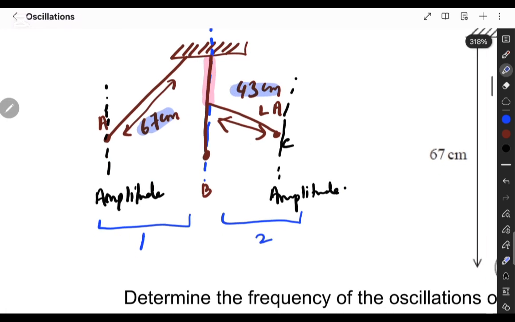In the first part we have 67, and in the second part we have 43. So the time period here will be T1 and the time period here will be T2. My main point is that we have two different lengths, so we need two different time periods as well. And when we add these values up, we're going to get an answer.